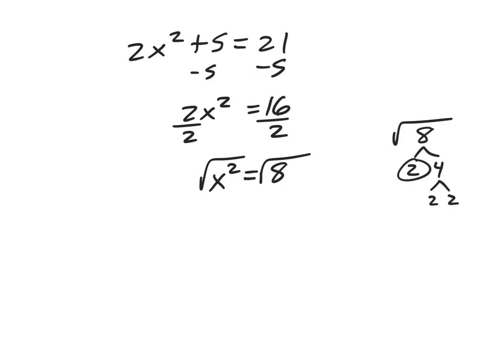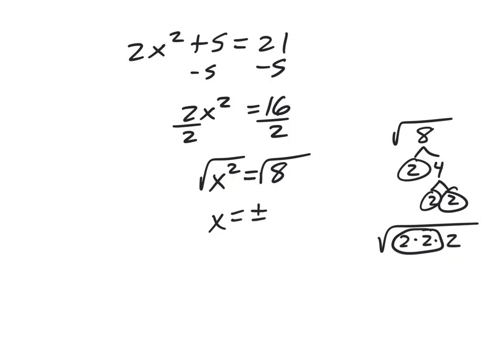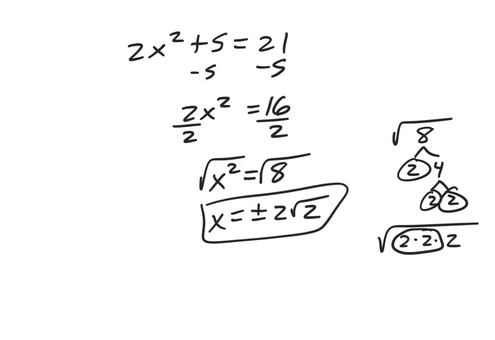Basically what we would get is we have 3 2's. So it would be 2 times 2 times 2. But remember, we're only looking for pairs. We're saying, what do I have pairs of? Okay, and I have 1 pair of 2's. So when we write our answer here, we would say plus or minus 2 radical 2. And that would be our answer.